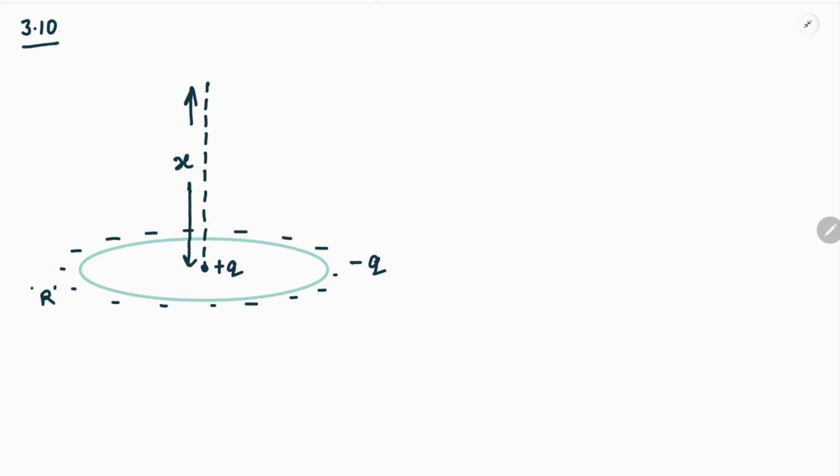So if we write the results, we can say that the electric field due to the negative charge is directed towards the center of the ring. So E due to a ring which is a negative charge, we can write it as KQx.